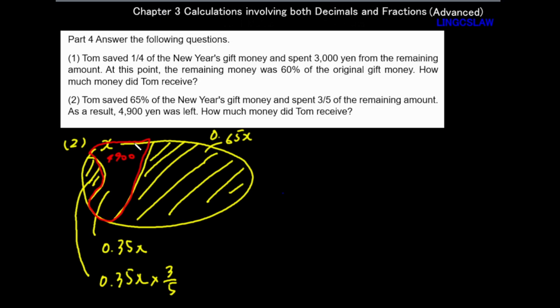Now let's build the equation. So the original money is X minus 0.65X minus this one, 0.35X times 3/5, equals 4,900.